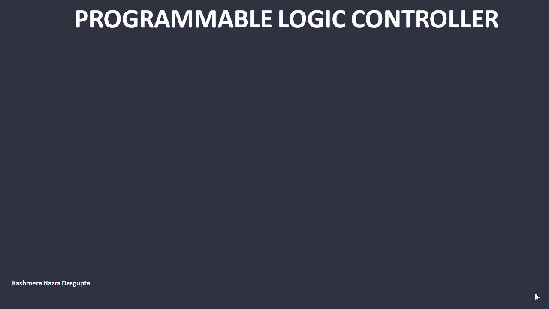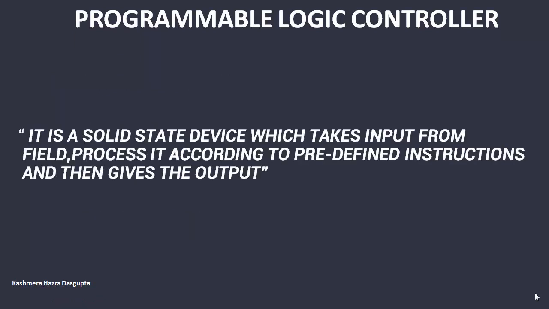Now let's come to the definition part. It is a solid state device which takes input from the field, processes it according to predefined instructions and then gives the output. Now I'm going to explain it in simpler words. What do you mean by solid state device?